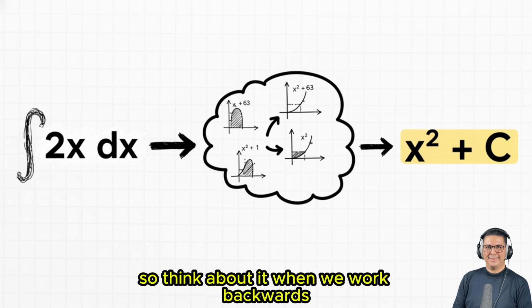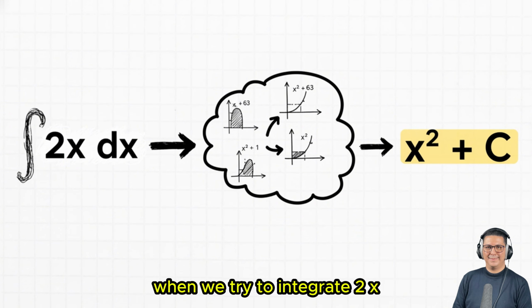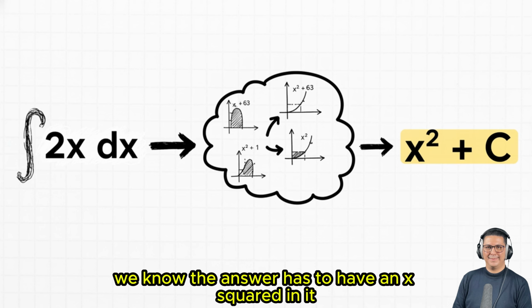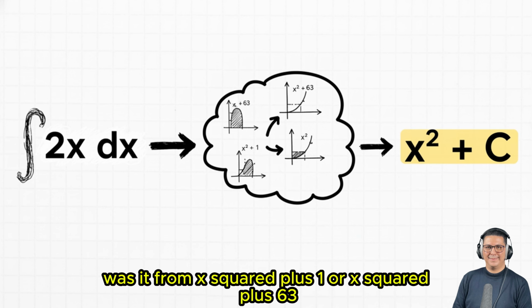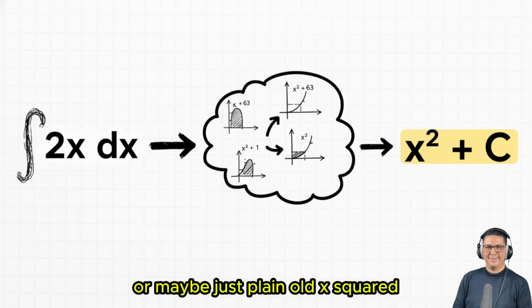So think about it. When we work backwards, when we try to integrate 2x, we know the answer has to have an x squared in it. But where did that 2x come from? Was it from x squared plus 1 or x squared plus 63? Or maybe just plain old x squared?